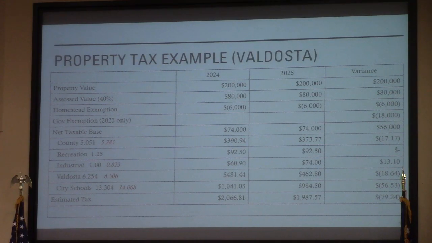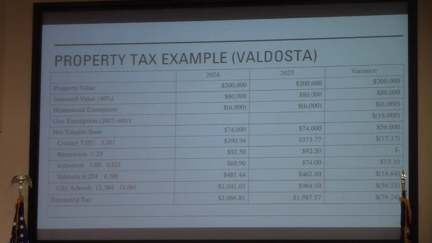for a $200,000 property inside the city of Valdosta. The only difference here is you don't have the county fire and you have the city of Valdosta added, and you have city schools instead of county schools on that same $200,000 piece of property.